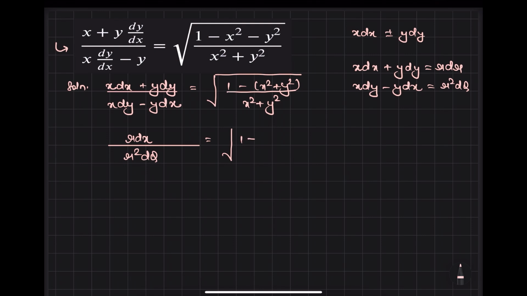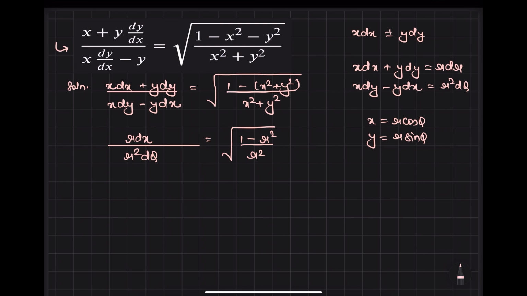Now you know that we used to take x as r cos theta and y as r sin theta, right? So x square plus y square will become what? r square. So 1 minus r square, and then we have the denominator as only r square. I hope till this part you guys are okay.